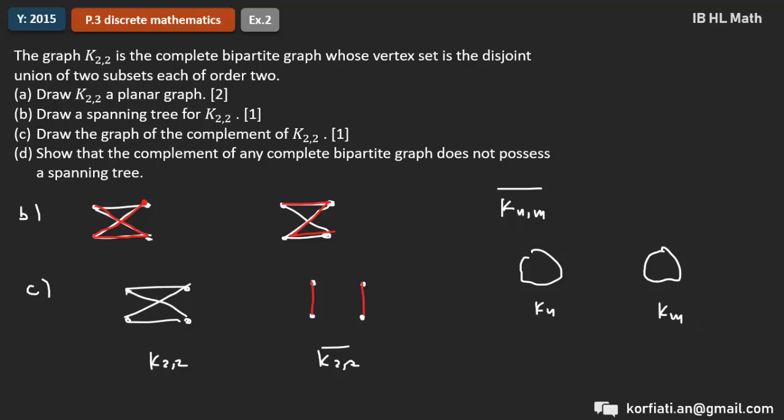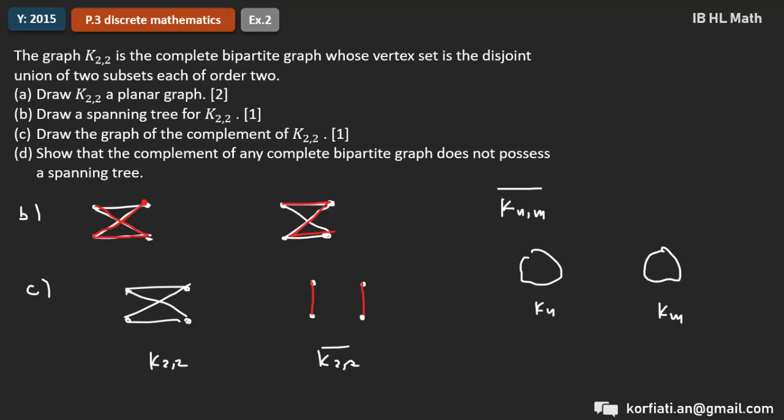For example, if we had K2,3, the complement of that looks like this. It is absolutely illegal to put at the complement any edge that connects vertices from this set with vertices of this set.